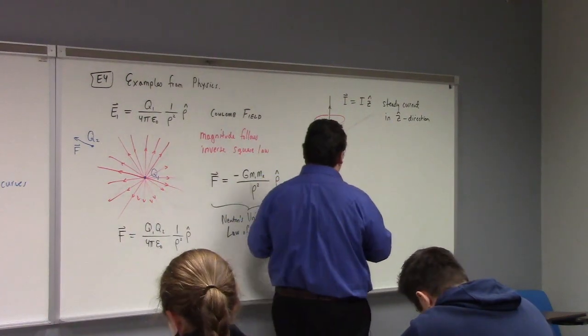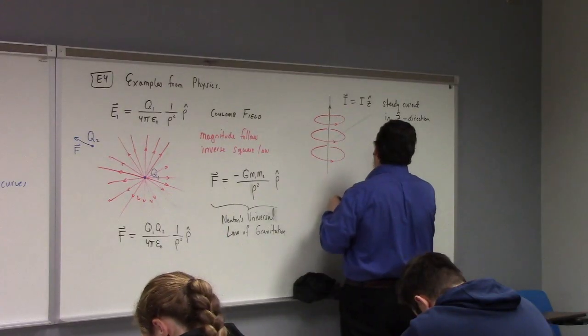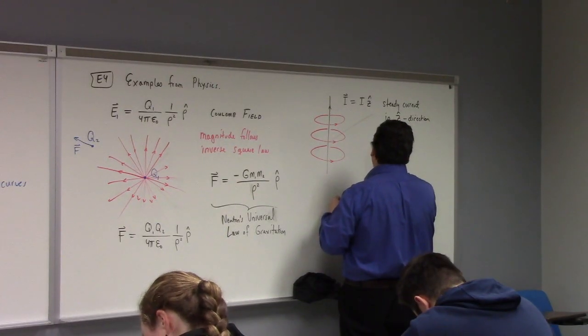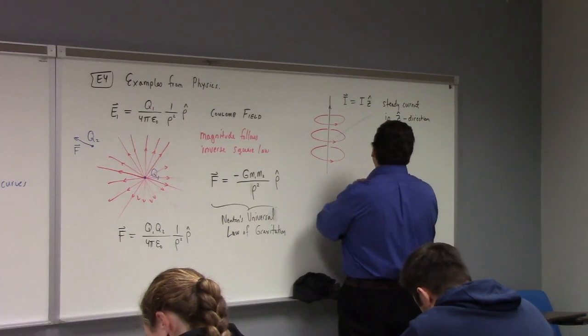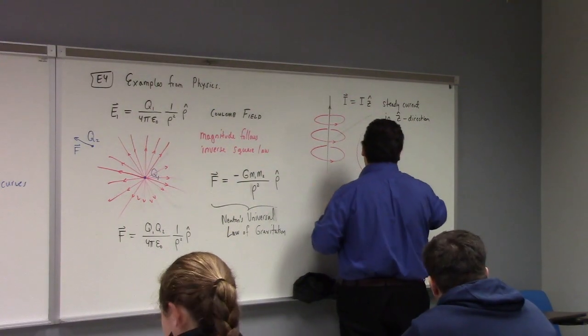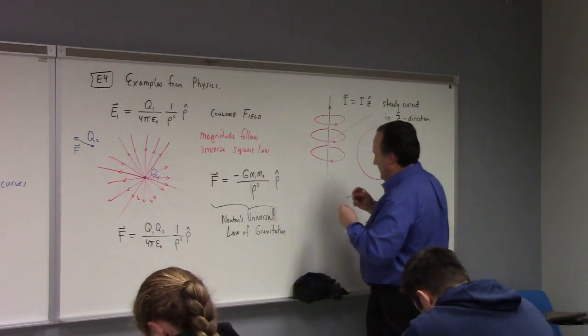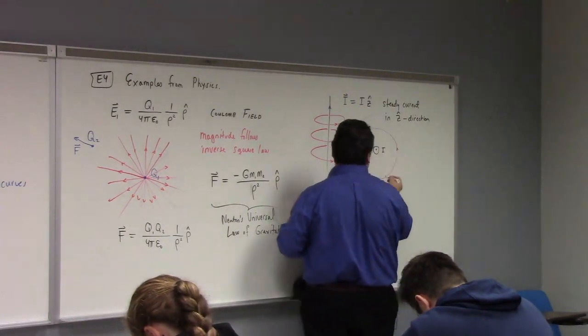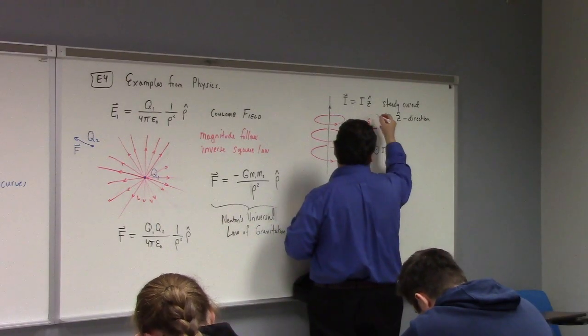If I make the picture easier to picture, if I draw the current coming out at you, the field lines are like circles. What I mean by this field line is, if you take a particular point, you get the magnetic field going like this.